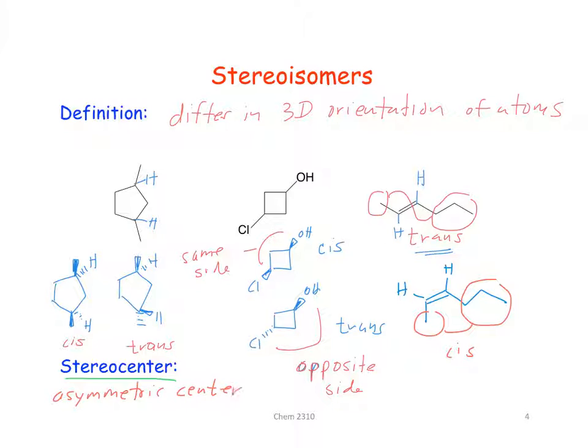Asymmetric meaning no symmetry. It's also sometimes called a chiral center. Alright? So I'm going to show you a little video that's going to demonstrate this with models, and then we'll go on and learn how to draw these.